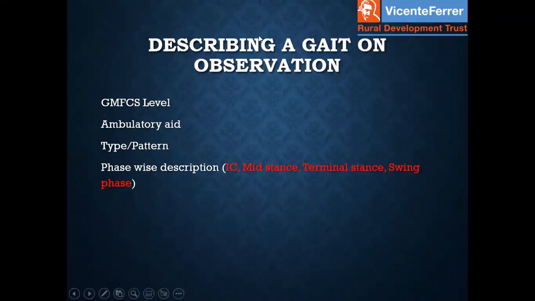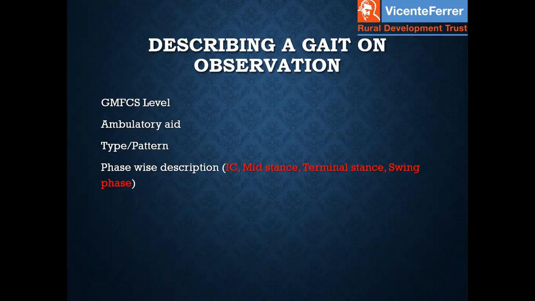What is the full form of GMFCS? Gross Motor Functional Classification System, yeah, or scoring.